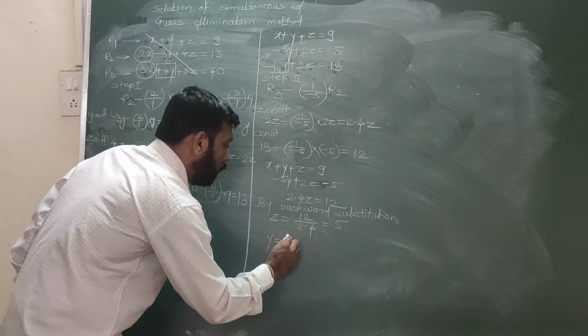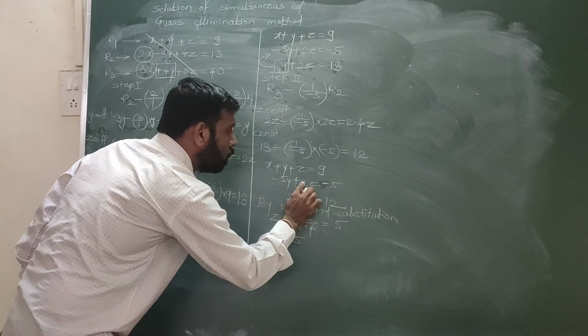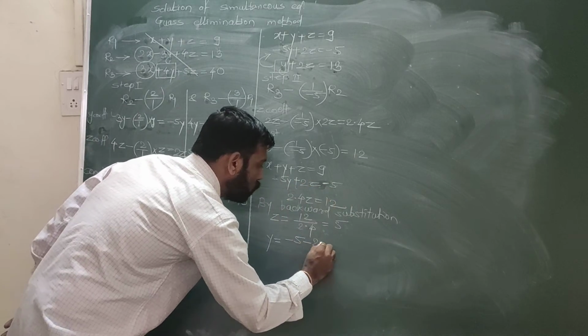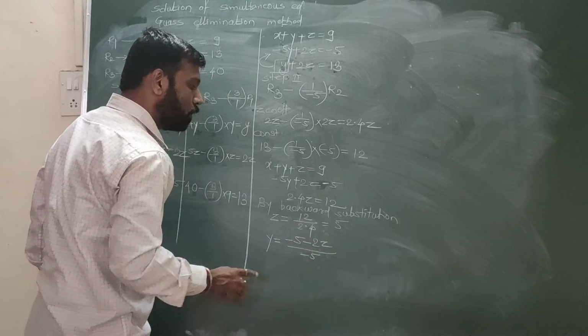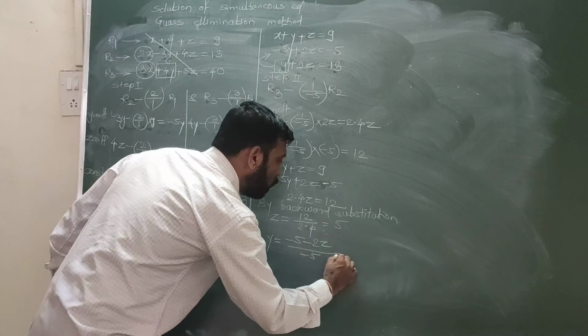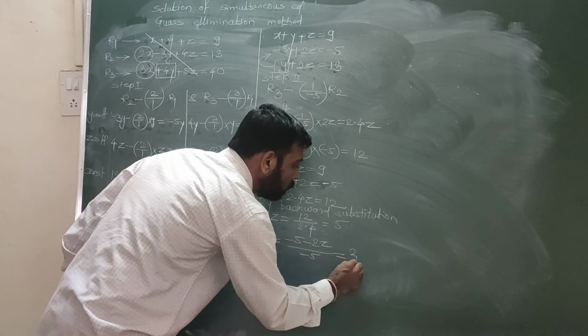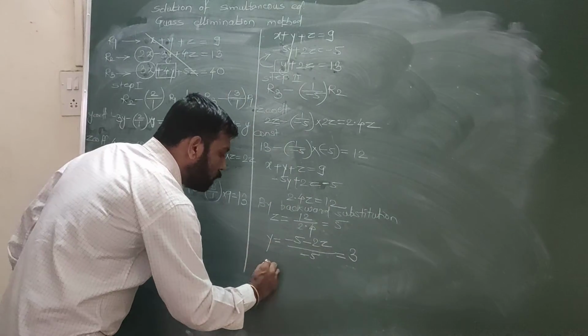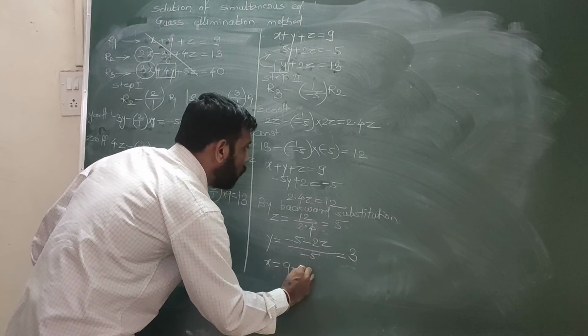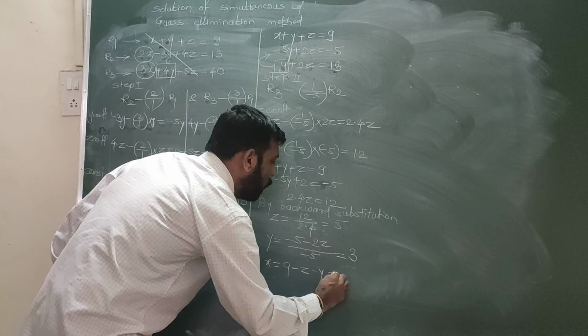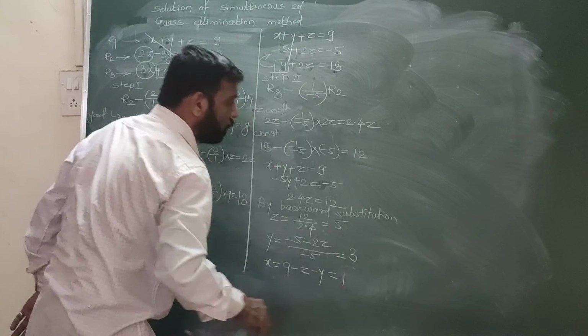Here I am mentioning minus 5y, this becomes minus 2z upon minus 5. Substitute the value of z here and calculate, the value of y is 3. Similarly, the value of x is 9 minus z minus y, and that output is 1.